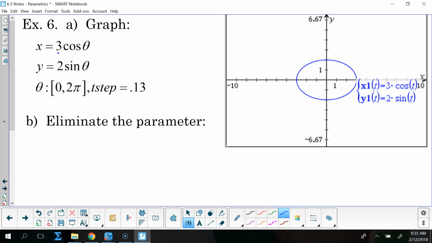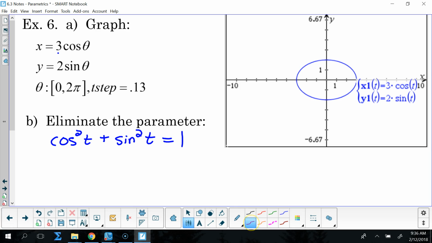Okay, so when I go to eliminate the parameter, because I'm dealing with trig, I've got a sine and I've got a cosine. What do I automatically go to? I go right to the hammer. So here I'm going to start with the hammer. The cosine squared of t plus sine squared of t is equal to 1. Going right to the hammer.